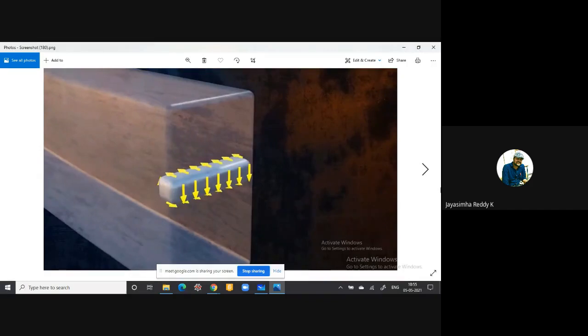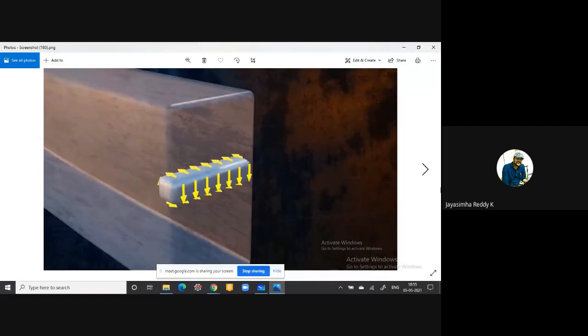Let me make it a little more clear. There will be downward forces, all these downward forces. If you assume a small portion of this entire beam, because of this downward force, this small portion tends to rotate, and this rotation will be stopped by another shear stress offered by the material.